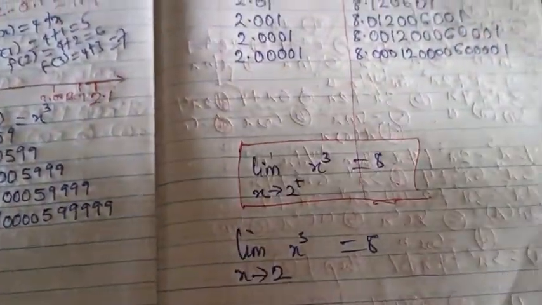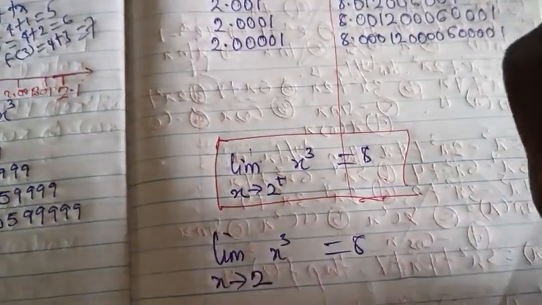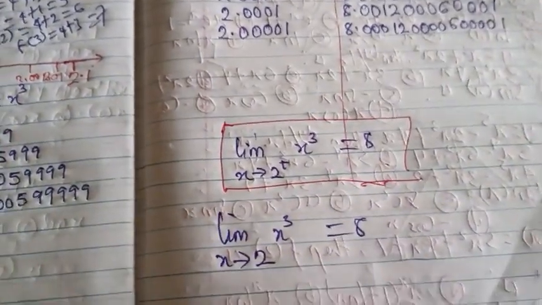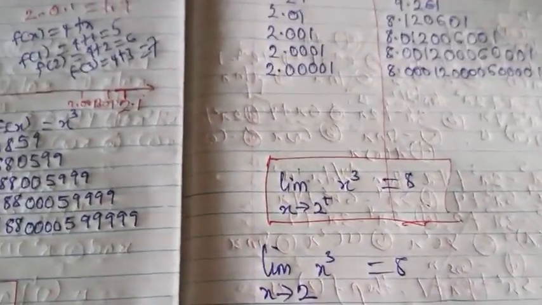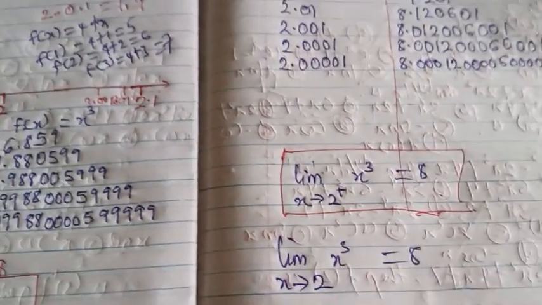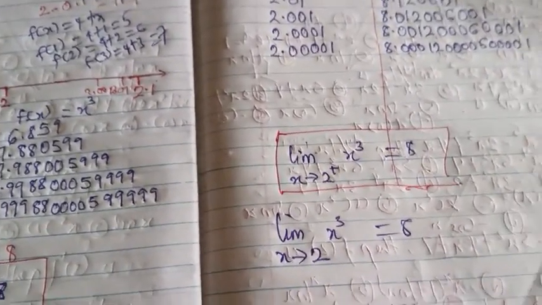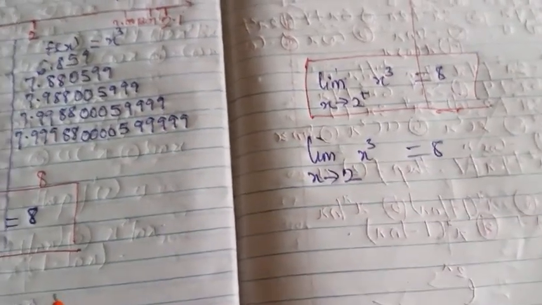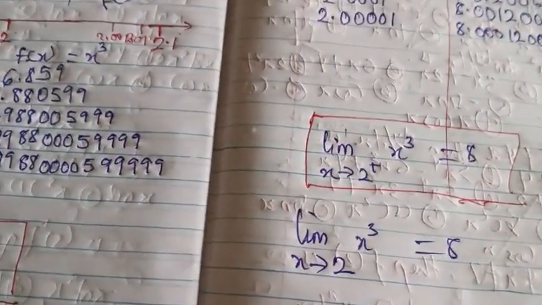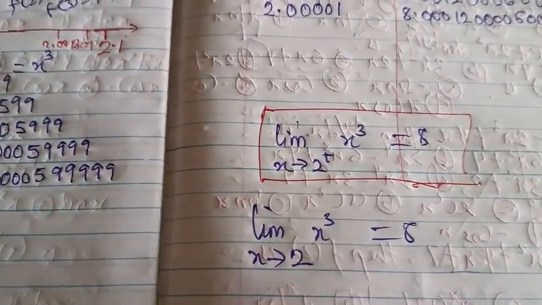Again, I said go 0.1 distance to the left and right if it's algebra, and then continue with 0.01 distance left and right, 0.001 distance left and right, and then you continue. What your output is approaching will determine if the limit really exists at that point. I believe this is clear.